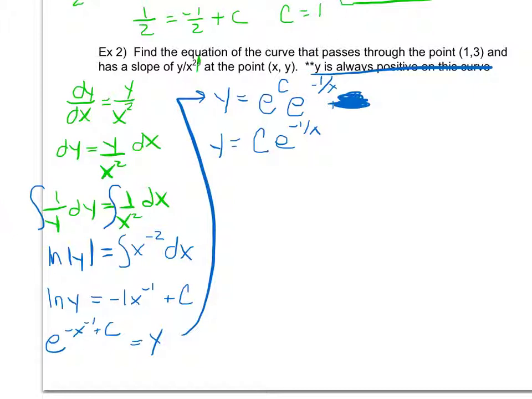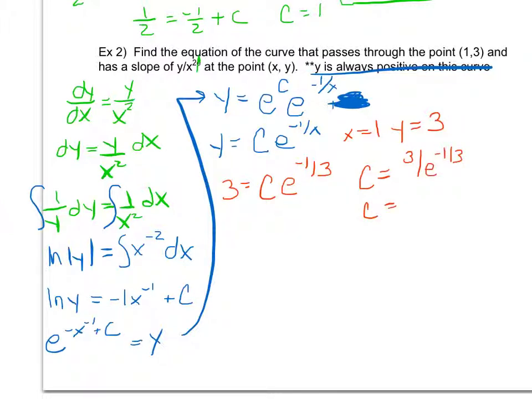So I want to find the particular solution. To do that, I notice that it goes through the point (1, 3), so I get 3 equals c times e to the negative 1/3. Often I want to leave it exact, so c is then 3 over e to the negative 1/3, which is the same thing as c equals 3 e to the positive 1/3.